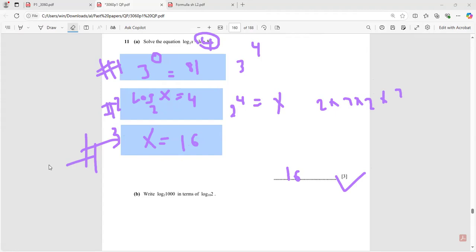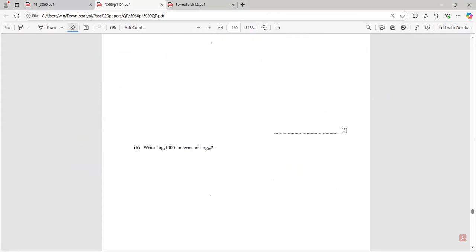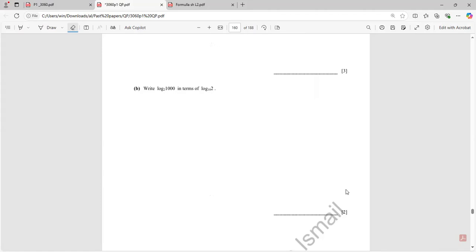Okay, in this question, he asks you to write log base 2 of 1000 in terms of log base 10. Here we have to know that we can change the log.